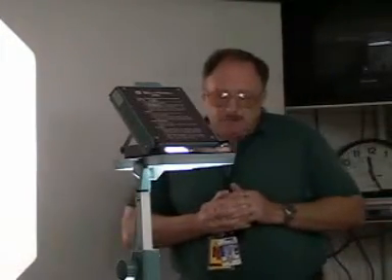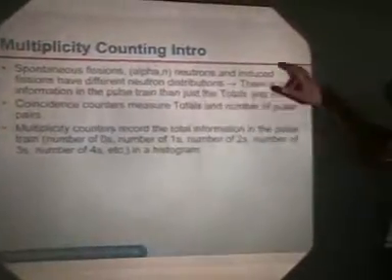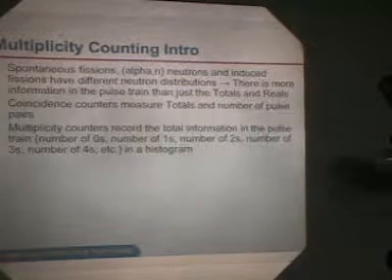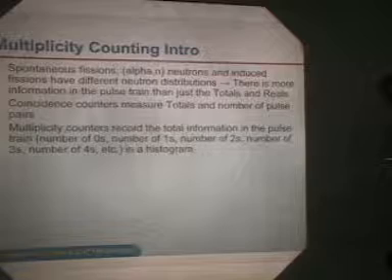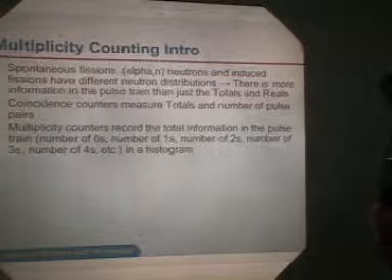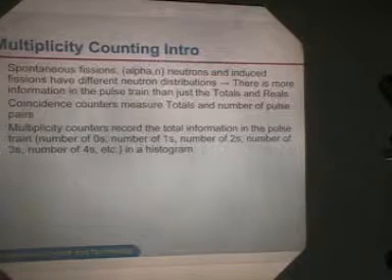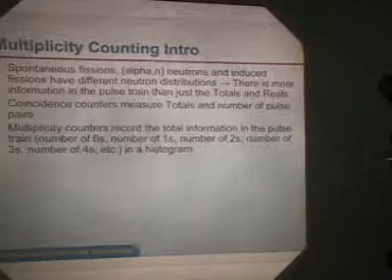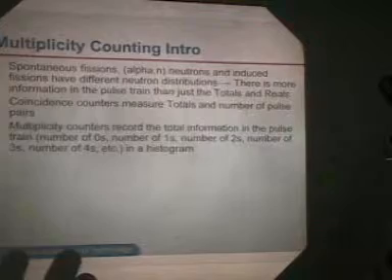Okay, so let's summarize and see where we're going here. We have spontaneous fissions, alpha and neutrons, and induced fissions, and they have different neutron distributions. That gives us more information in the pulse train, and we want to extract it. The coincidence counter measures the totals and the number of reals, which we talked about in the coincidence lecture.